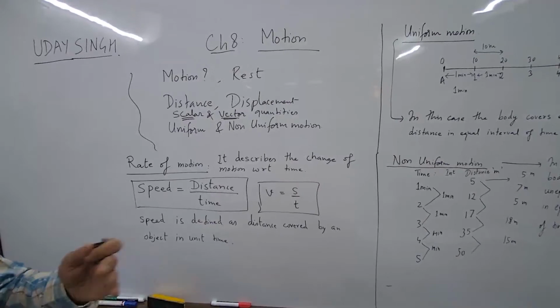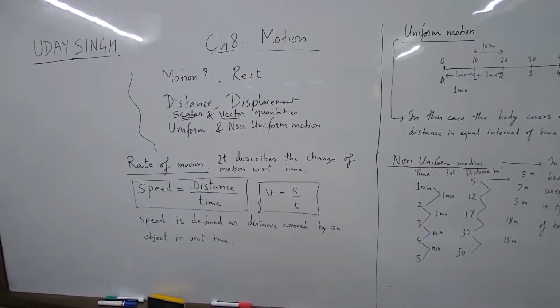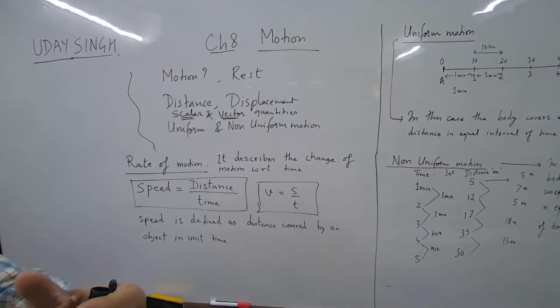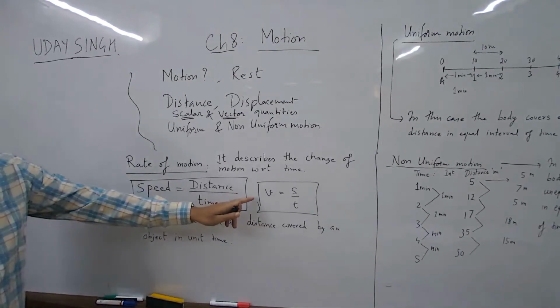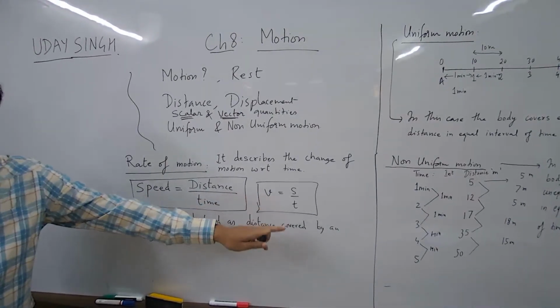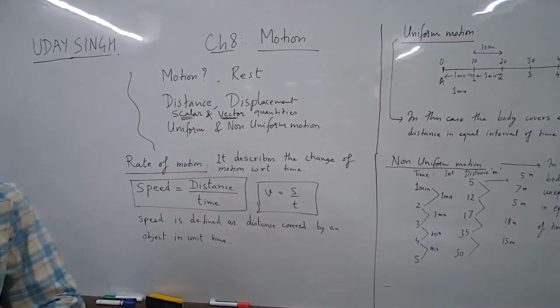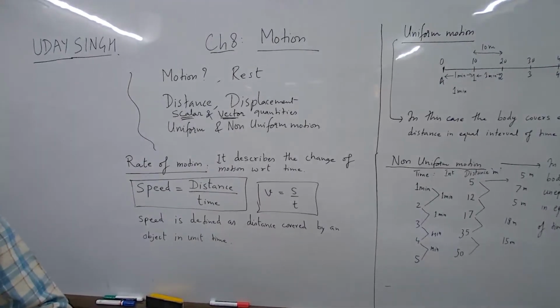So the rate of motion. If you know the rate of motion of any body, you can figure out how much distance it will reach in a given time, because distance is speed multiplied by time. Or how much time it will take to reach the given distance. Yes, exactly. This is rate of motion.